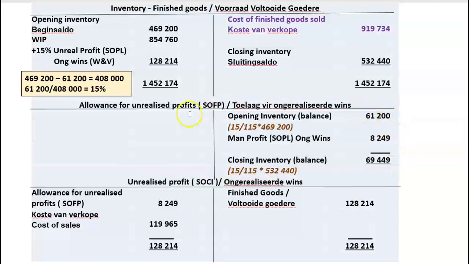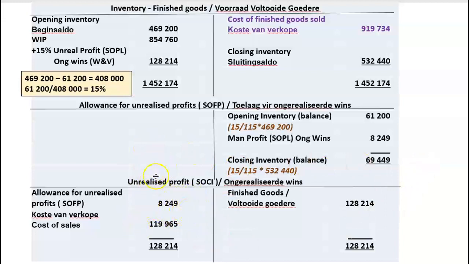Alternatively, we could have said 61,200 here on the debit side, 61,200 here on the credit side. We could have said 69,449 here on the debit side, 69,449 there on the credit side. What would the difference have been? It would have been a net debit on the unrealized P&L account of 8,249. Doesn't matter which way you go, it gives you exactly the same answer, 8,249.